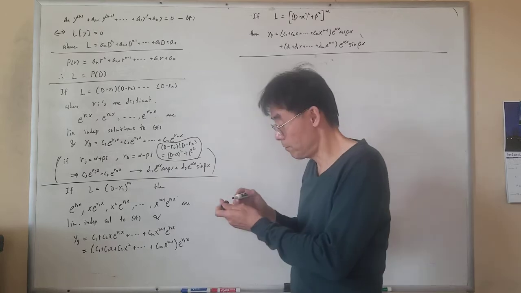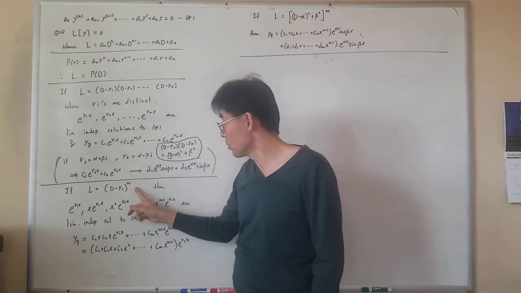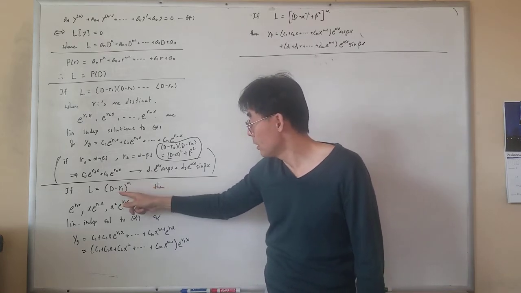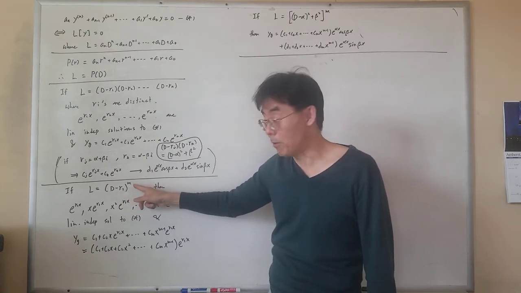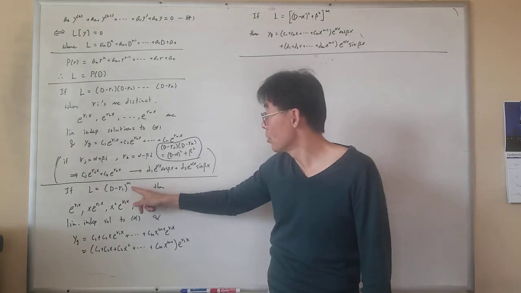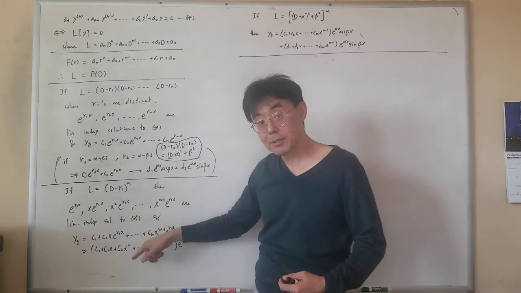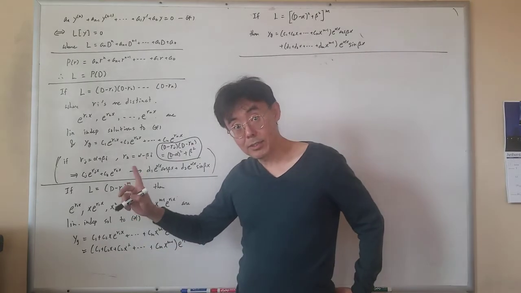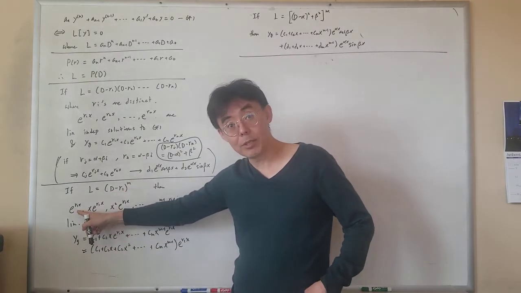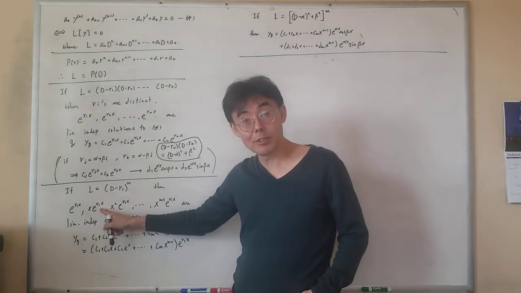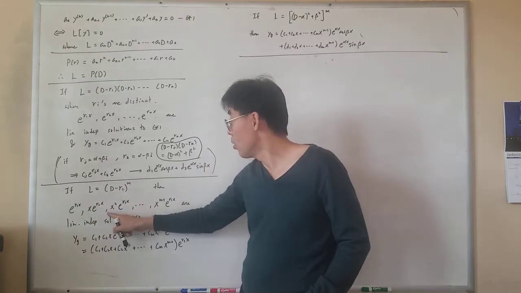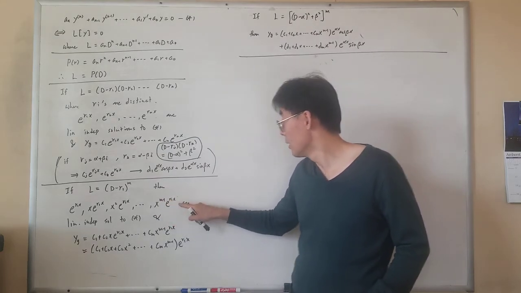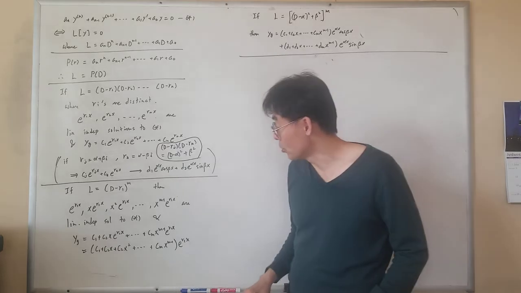So, what if you have repeated zeros? Let's think about this one repeated: (D minus r1) to the mth power. So r1 is repeated m times. In that case, just like in the second order case, not only e to the r1x, but x times e to the r1x is a solution. All the way to x to the m minus 1 power times e to the r1x is also a solution.